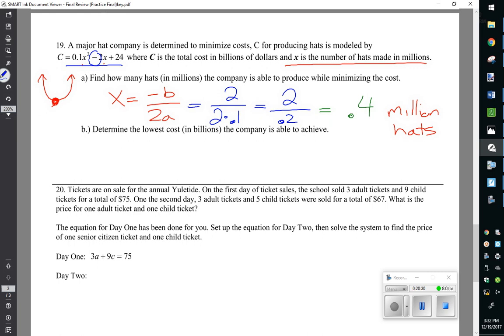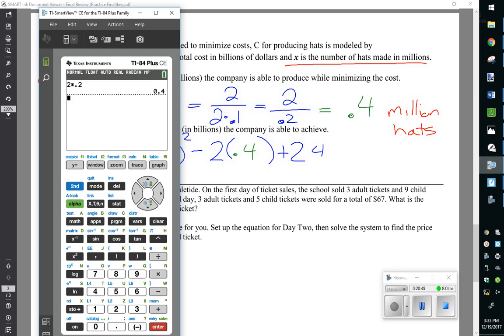We are plugging in 0.4 for x. So my problem is going to look like this. 0.1 something squared minus 2 something plus 24. Right here, I'm going to plug in that x value I just found, which was 0.4.